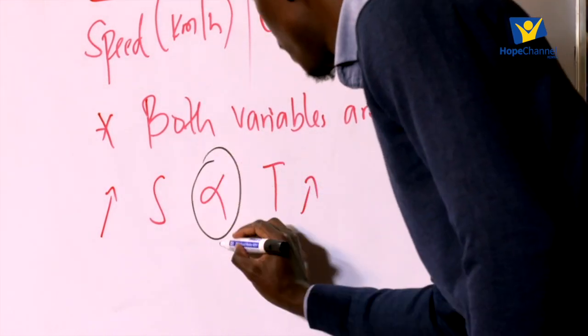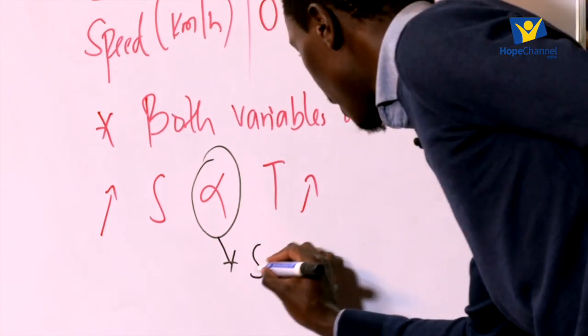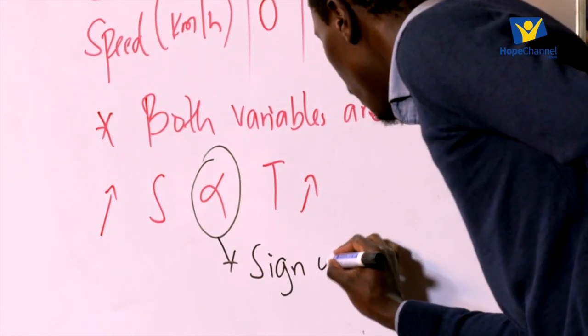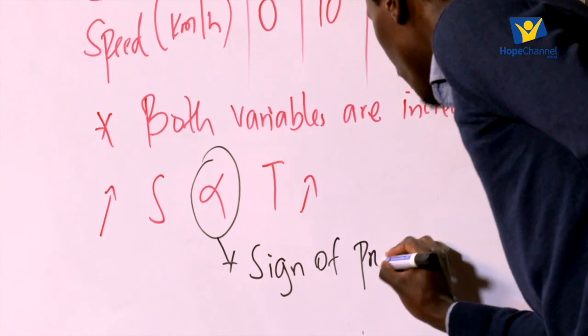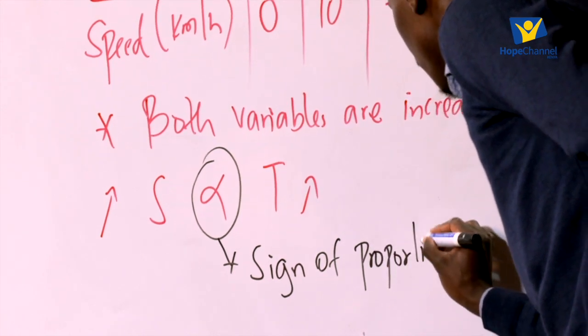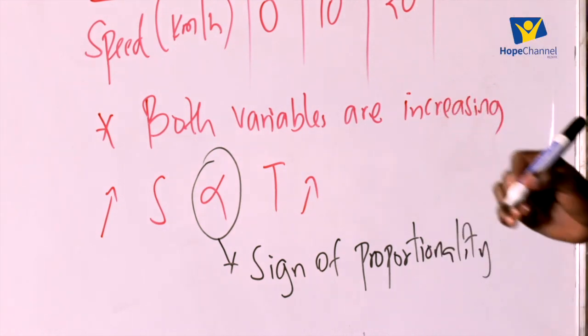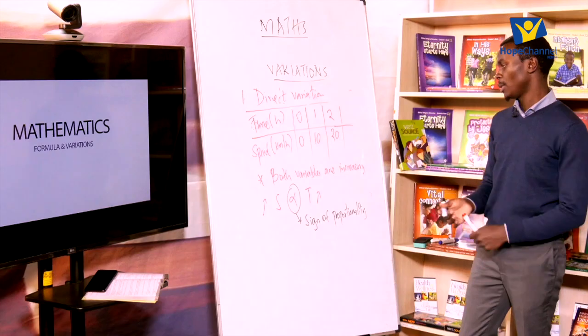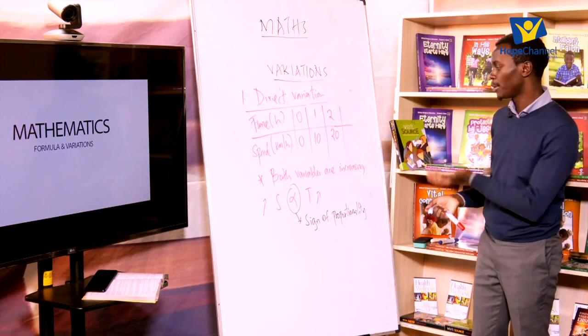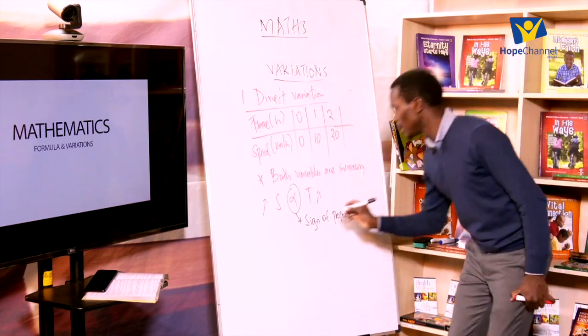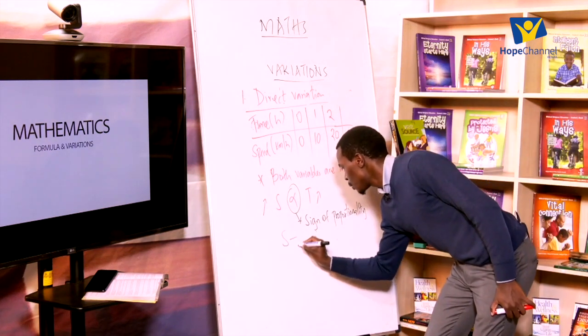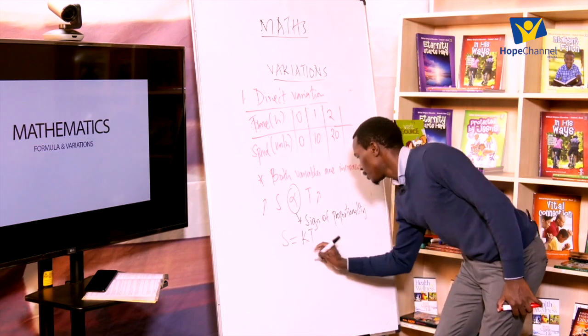Now this one here, there is a sign that I've indicated. This sign, we call the sign of proportionality. The sign of proportionality, we don't use it when working out, because we don't have a value for it. We instead substitute it with a constant, for example, k.